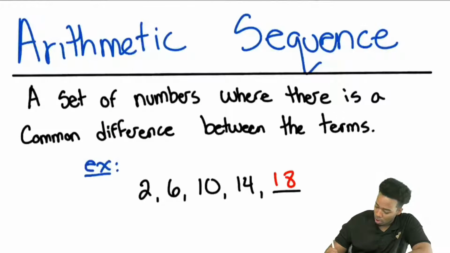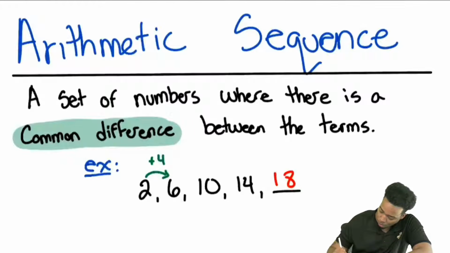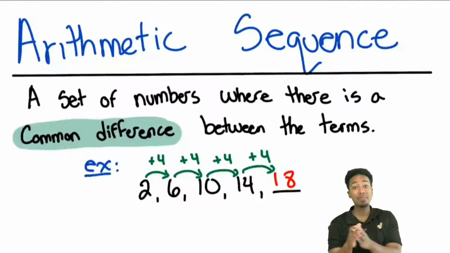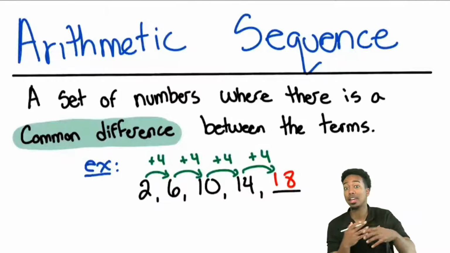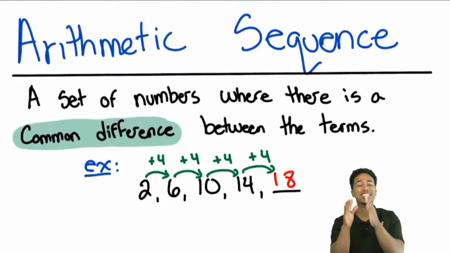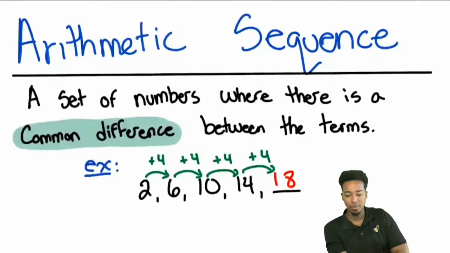Because I hope you noticed that the common difference was plus 4. Add 4. Add 4. So are we seeing that? The common difference, that's what that means. It's the same difference, and that's the only time where that is grammatically appropriate to say. It is the same difference from one term to the next. Does that make sense, my party people?